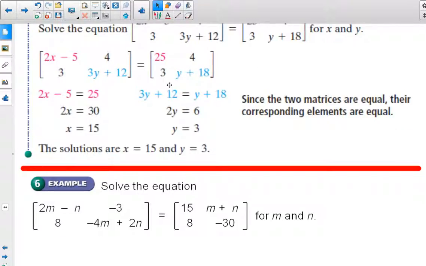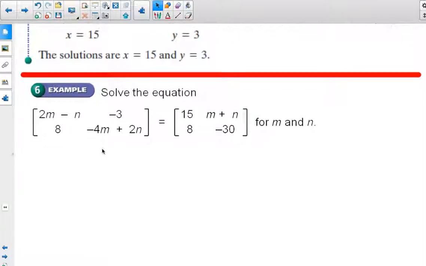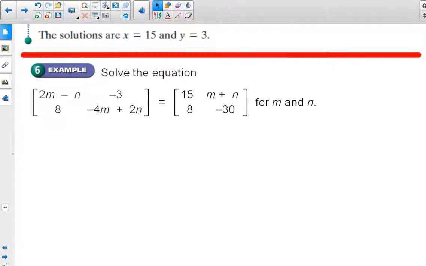You are going to set the elements equal to each other. So 2x minus 5 equals 25. 3y plus 12 equals y plus 18. And then you solve those equations. Okay. Now let's go ahead and set these up. So we have 2m minus n equals 15.